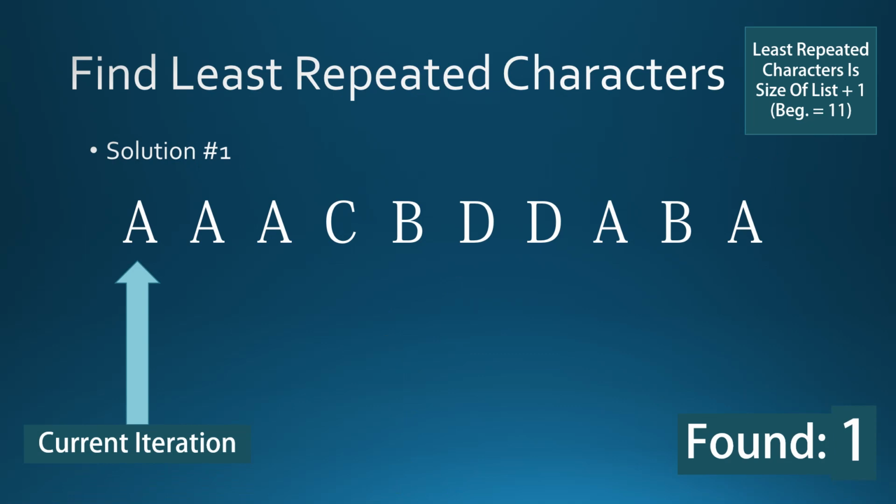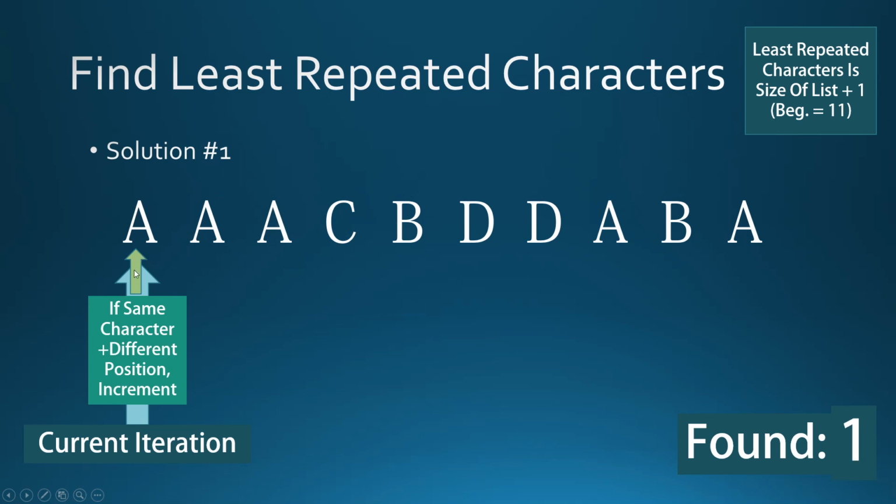We have this current iteration, pointing at the first index, character A. We iterate, and if it's the same character at a different position, we increment. We already found 1, which is basically the first A. Now we start another iteration, checking if the value A appears at another index, and if it does, we increment.